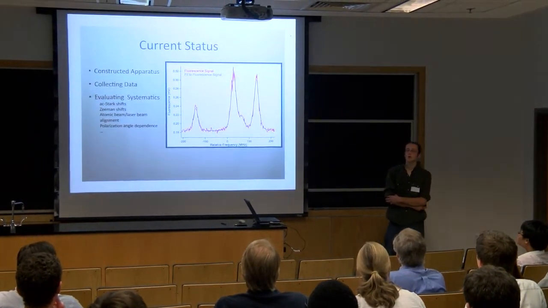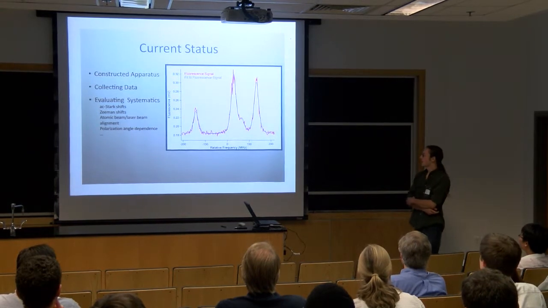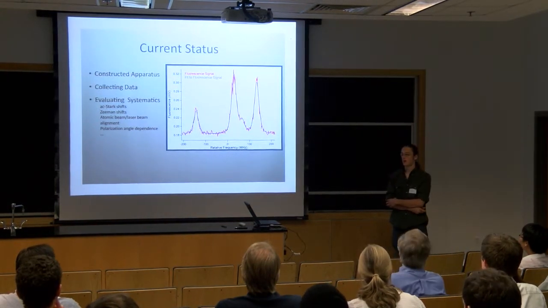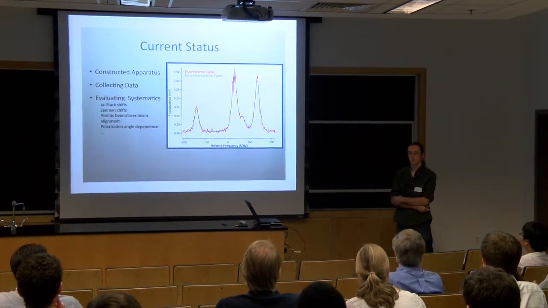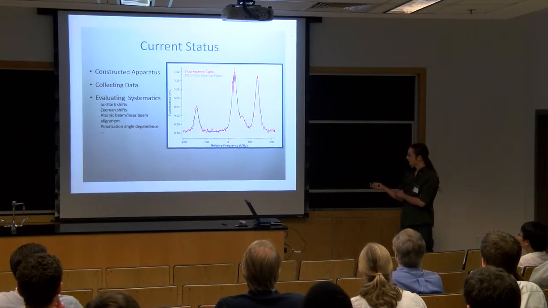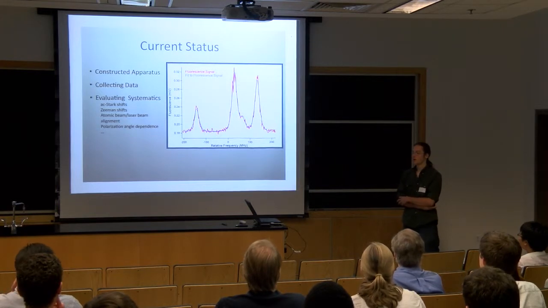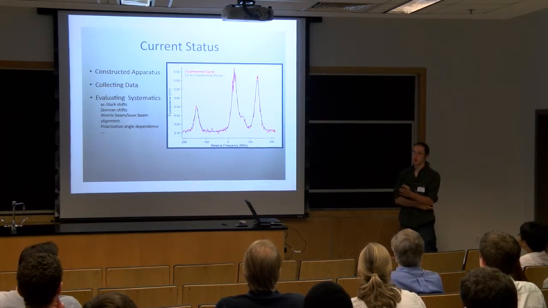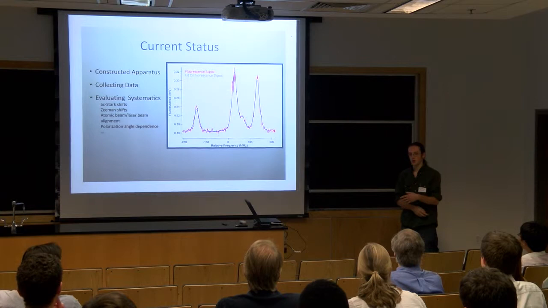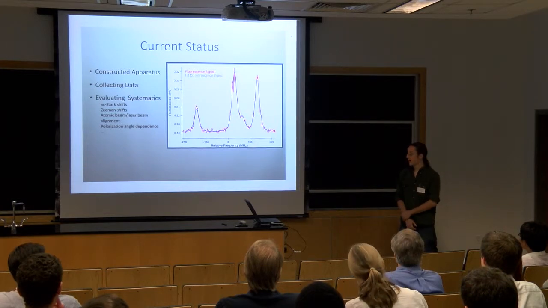So currently this data was taken without the diode locked to the comb. That's why, if you notice, this is relative frequency, not absolute frequency. So there are other ways of calibrating it which don't give as high precision as locking it to the comb, but are easier to do in the lab. So when you're evaluating some other systematics, it's easier to do it just using that.